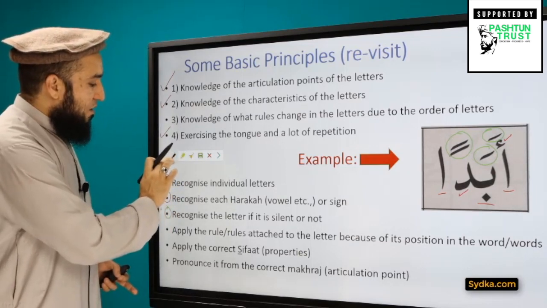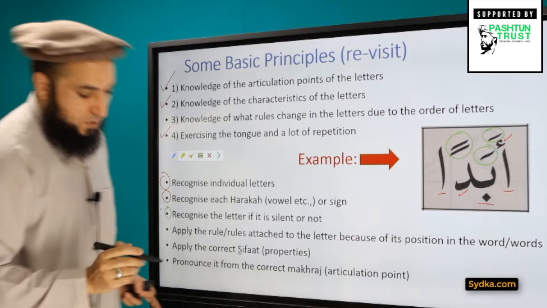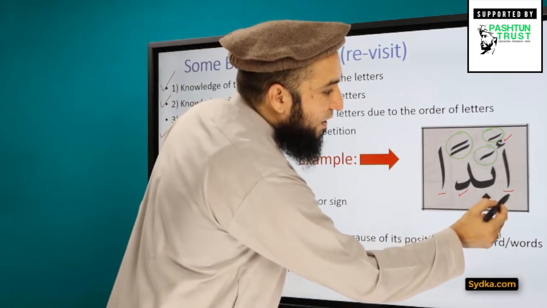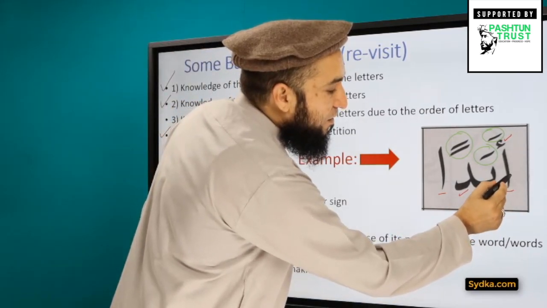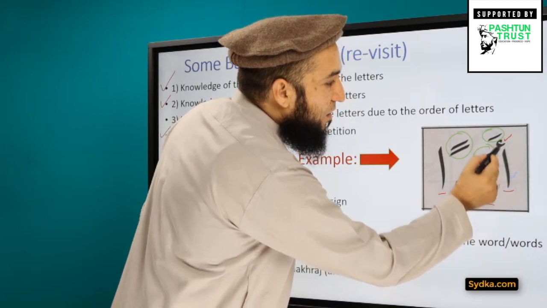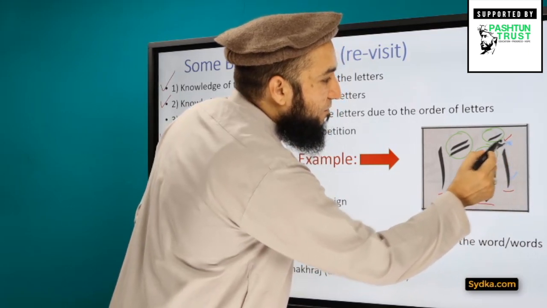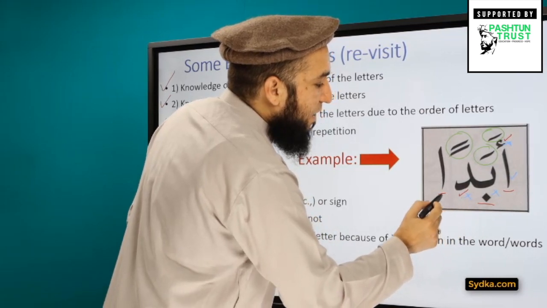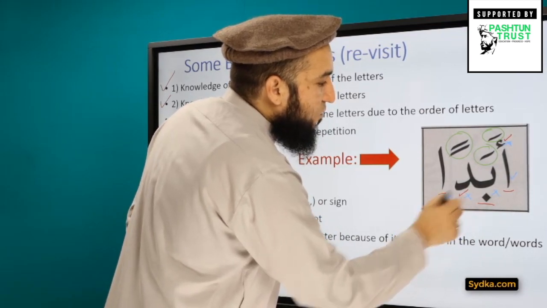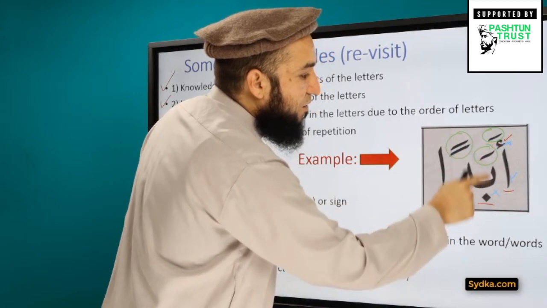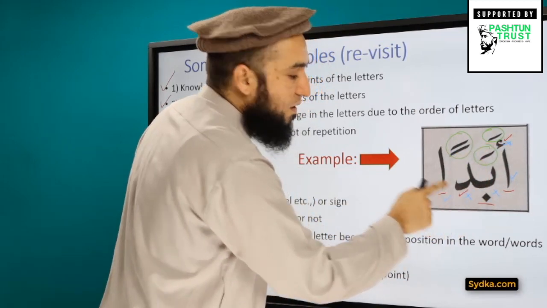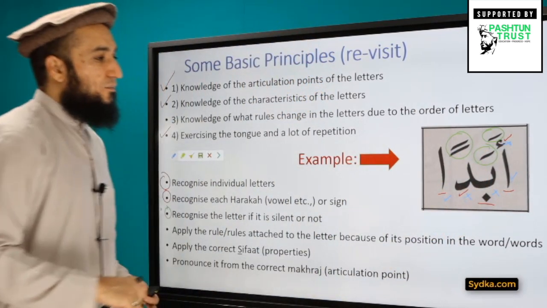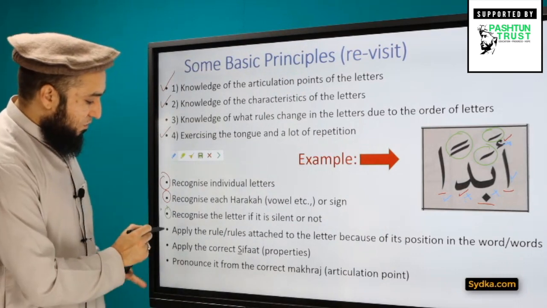Let's change the color. So if we see here, alif is silent, hamza is not silent, ba is not silent, dal is not silent, and alif is silent. So we recognize those ones.